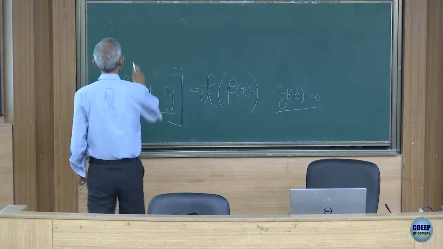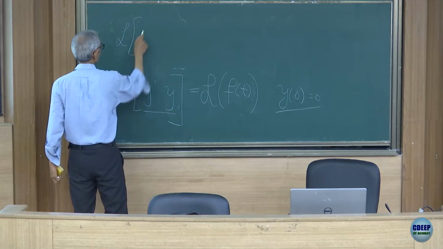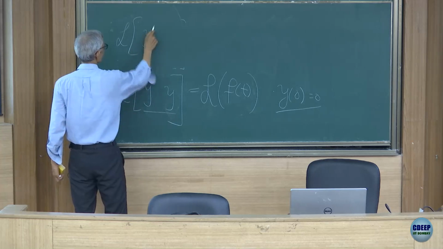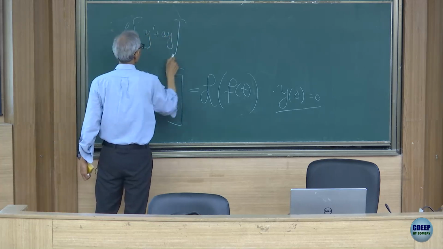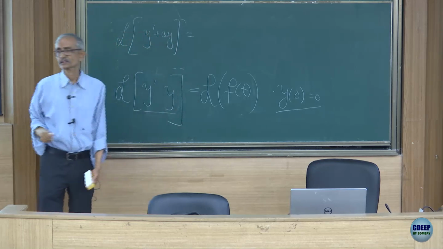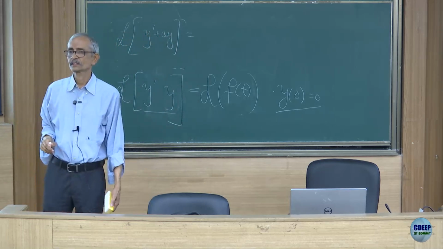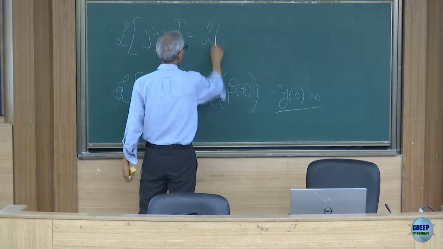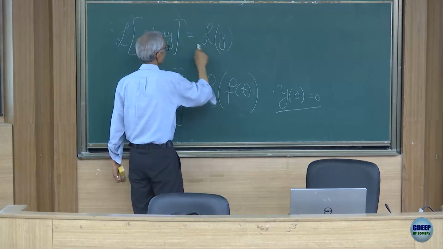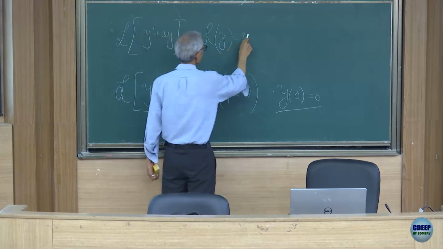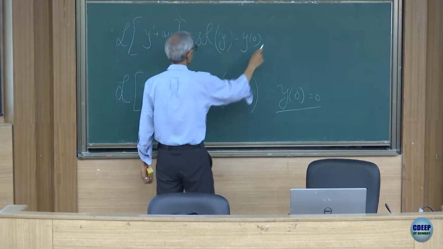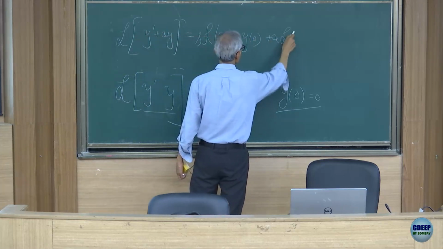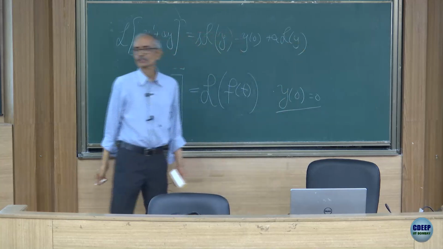This is equal to what? L of y prime is S times L of y minus y of 0, plus A times L of y, correct?